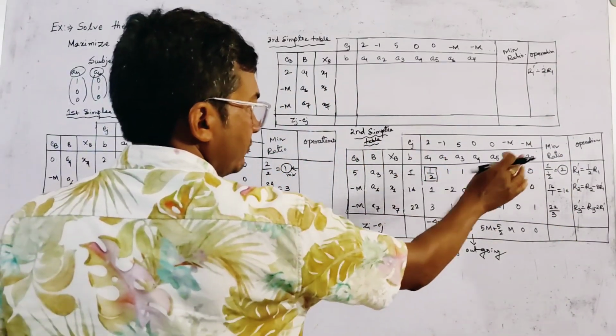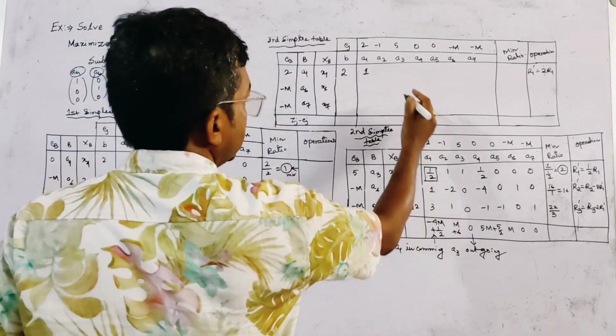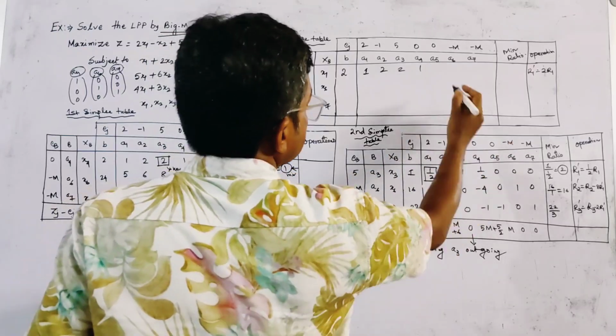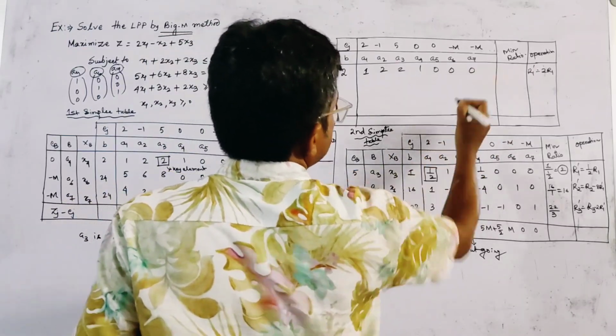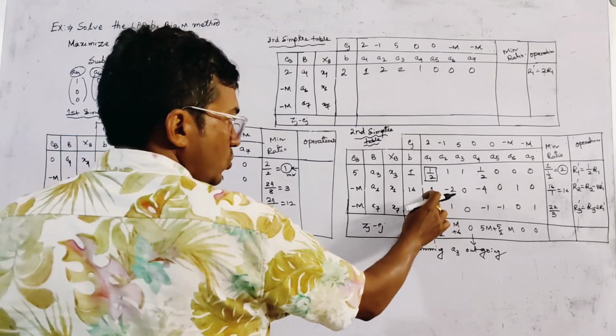So we get the first row as 2, 1, 2, 2, 1, 0, 0, 0. And clearly this is 1.